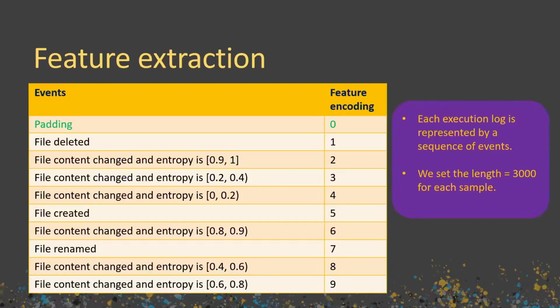And of course, some of the logs are of different length, so we also use zero padding to make sure they're all of the same size, so we can train machine learning models on top of the data sets.